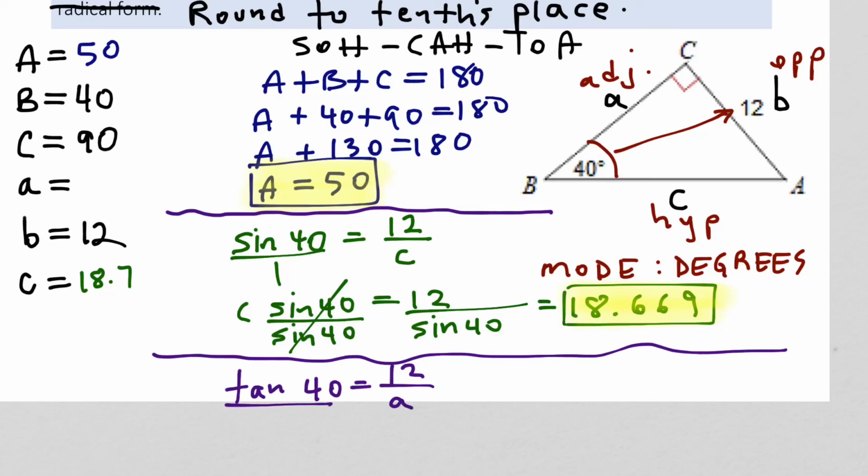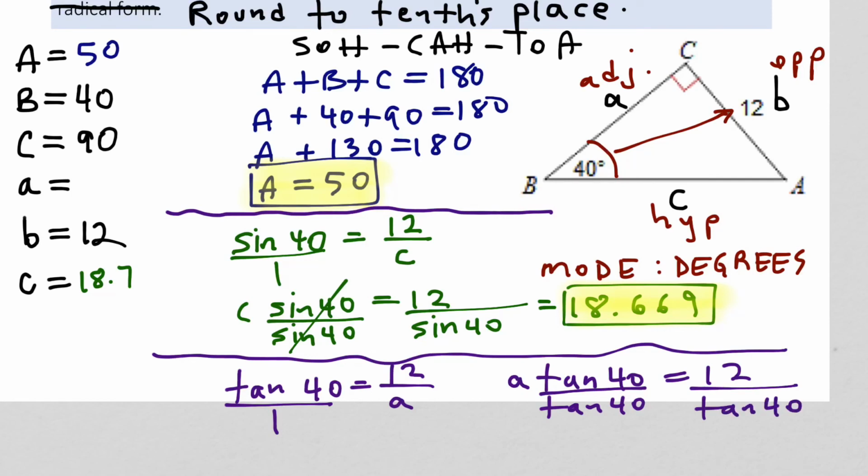So I can solve this. I'm going to say A tan 40, cross multiplying, is equal to 12 times 1. Solving for A, I would divide by tan 40, and that would be 12 divided by tan 40 in your calculator. Scientific calculators are going to have a tangent button.